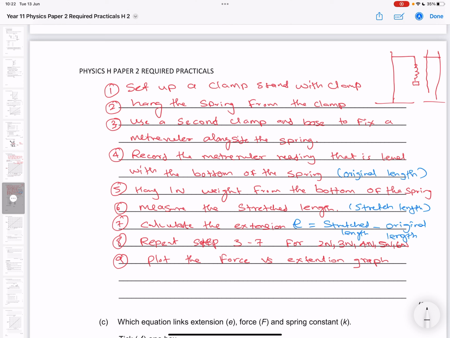So hazard, what is a hazard involving this experiment? The clamp, stand, or stack of masses, weight, any of these can fall onto your feet. So it might fall. What is the risk? It can injure your foot.